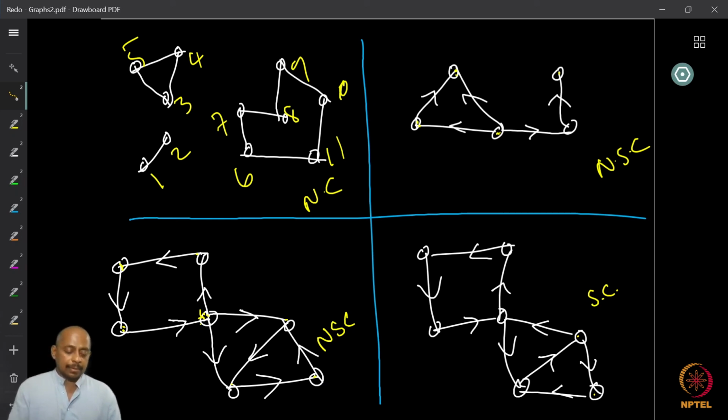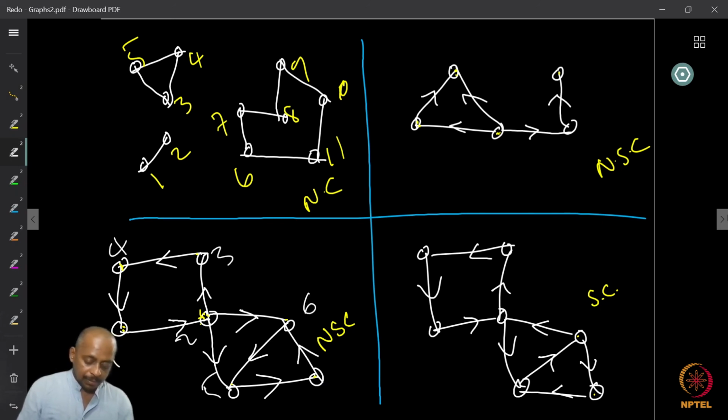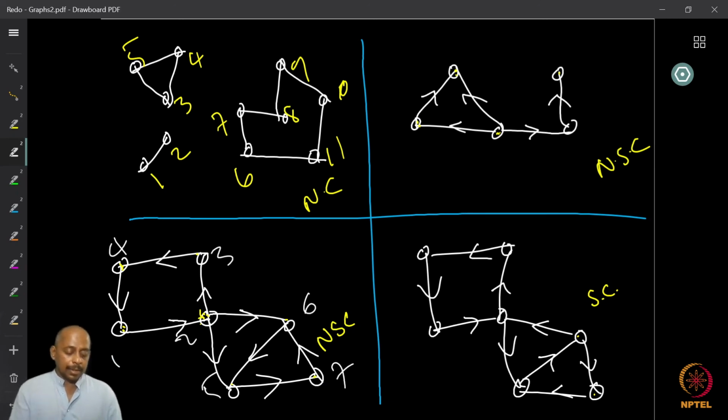Then again, another example of a not strongly connected graph, because in this I can go, for example, from, let's say, this vertex. Let me give some names. Okay, so this is 1, 4, 5, 6, and 7. Now I can go from 1 to 2, 2 to 3, 3 to 4, 4 to 1, etc. Right?